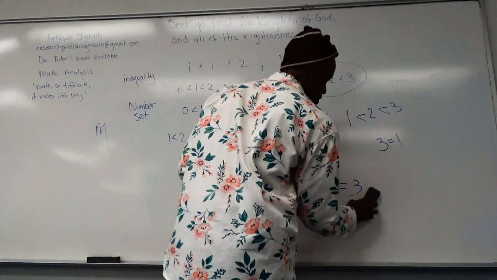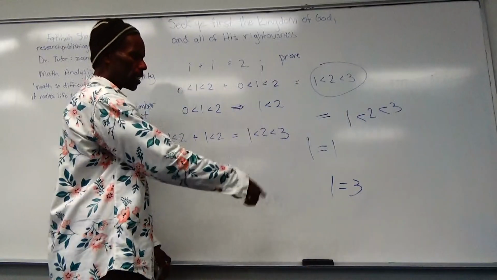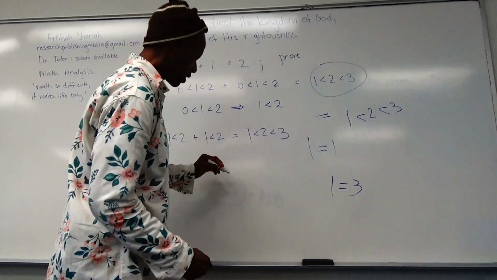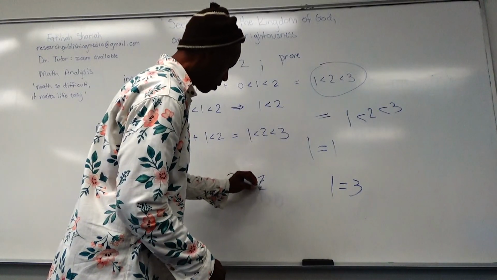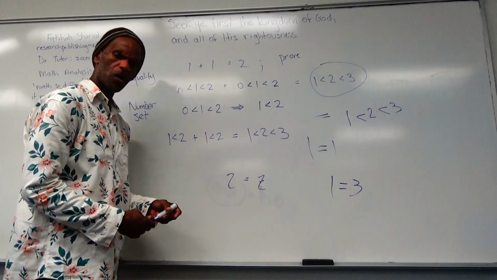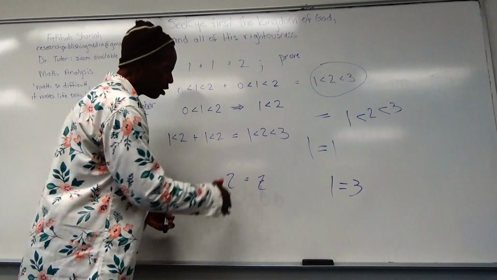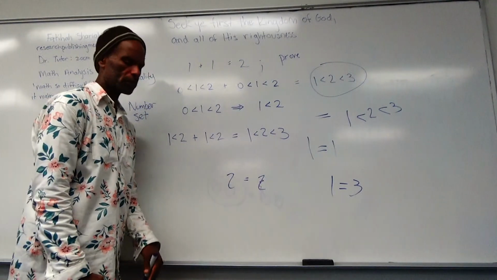But because 1 does not look like 3, they are not equal. Or you can say 2, and you can say 2, and just draw it all crazy, but it looked like a 2. Are they equal? No. Common sense tells you and me that they're not equal because they don't look alike.